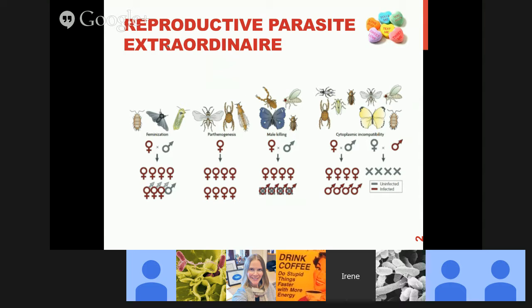And so each of these strategies, although they seem bizarre and disparate, really forward Wolbachia's goal, which is to increase its prevalence in a population and increase the number of females who can spread Wolbachia through that population.